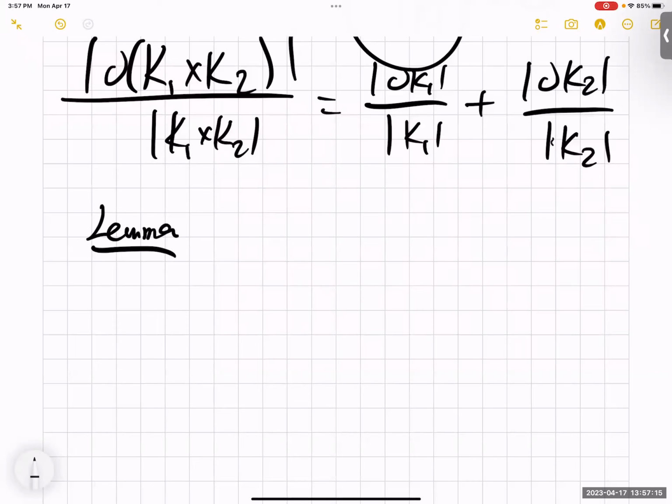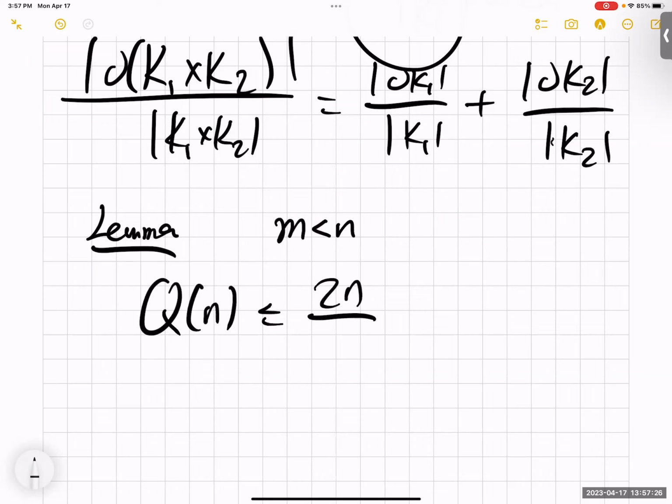The recursion that I wrote down gives that if m is less than n, then q of n is less than 2n over root s plus q of m, the norm of b.